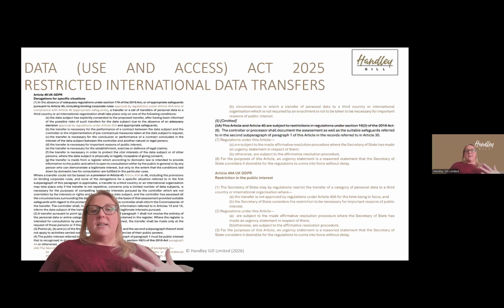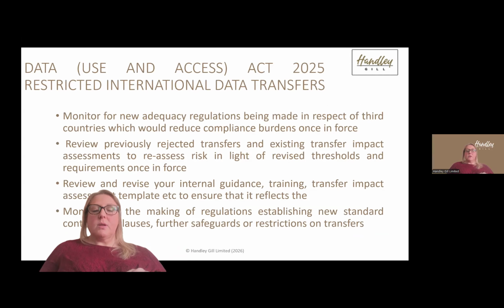If there were considered to be a national security risk from transfers to certain countries, that could be implemented then. So you'll want to monitor for new adequacy regulations being made in respect of third countries, which could obviously reduce your compliance burdens, and they will be made against this new lower threshold.